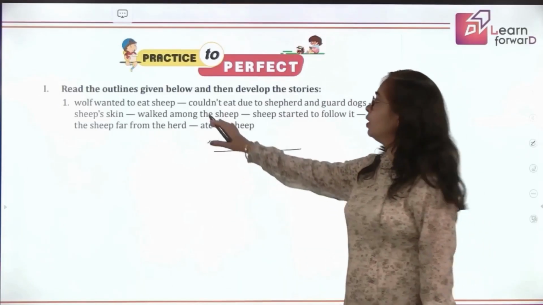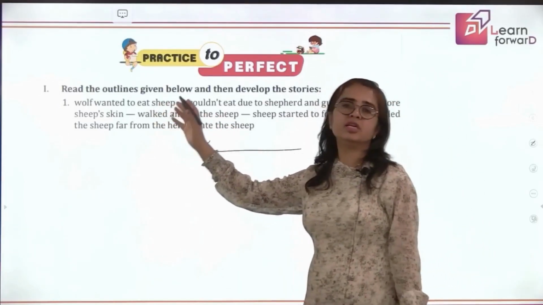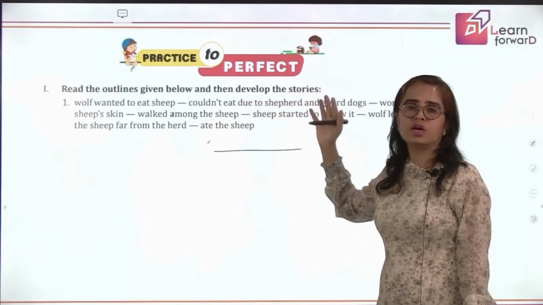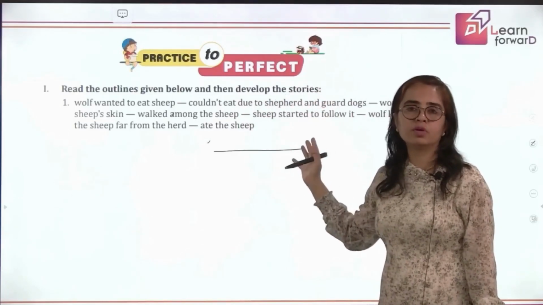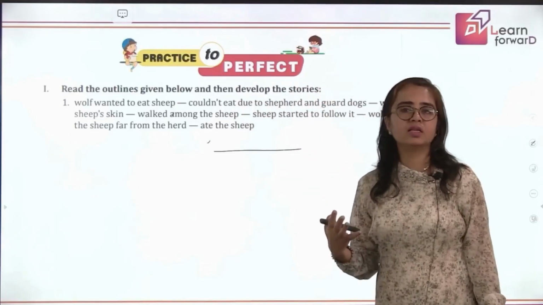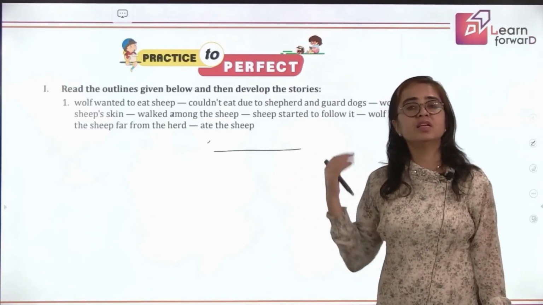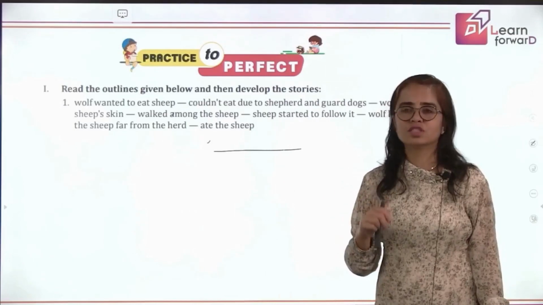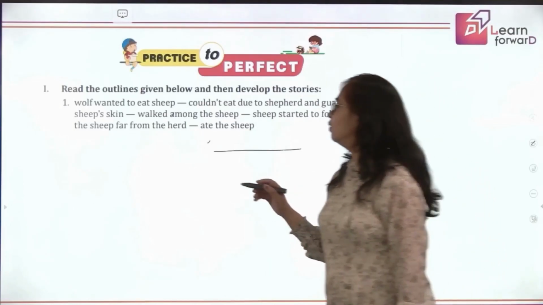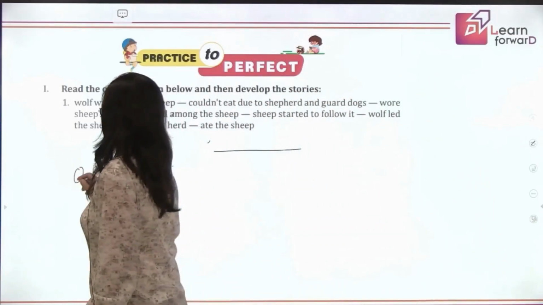Now to correlate, wolf wanted to eat sheep, we are talking about a shepherd, we are talking about the sheep, we are talking about the guard dogs. How we can start the story? Let's see. So we'll talk about the shepherd first. So we can say, once upon a time, there was a shepherd who lived in a village. So we'll start writing like this.